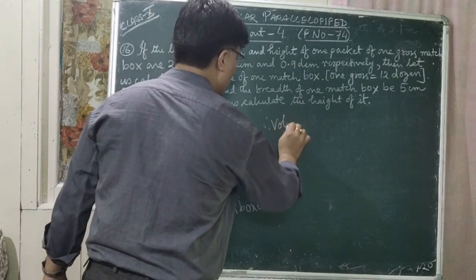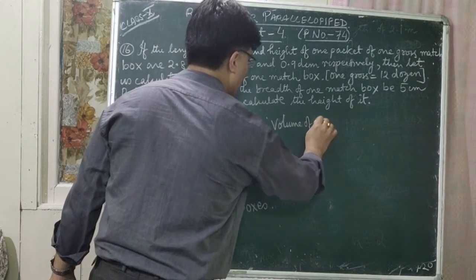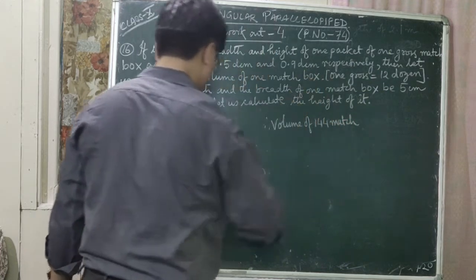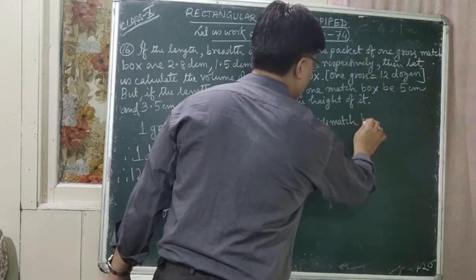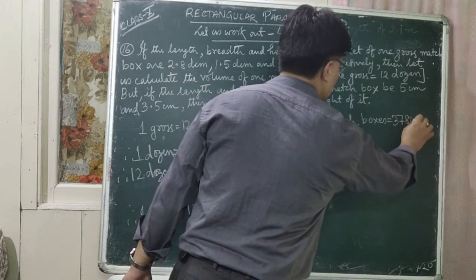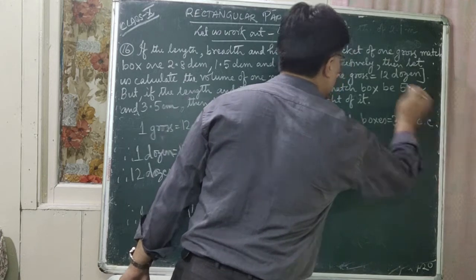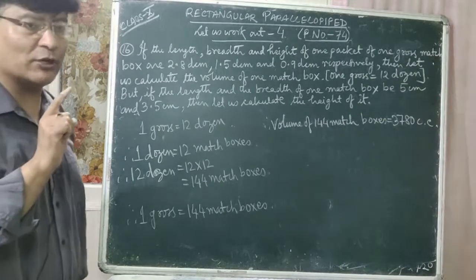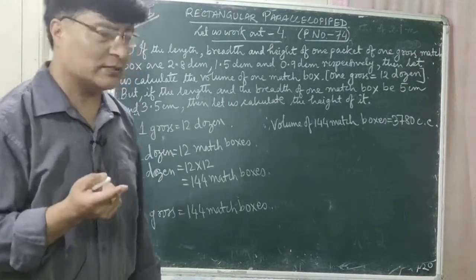Therefore volume of 144 match boxes is equal to how much was it? 3780 cubic centimeter. cc means cubic centimeter. cc भनेको के हो? Cubic centimeter. ठीक छ?